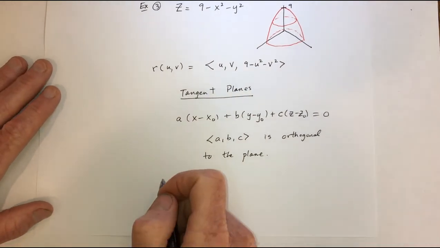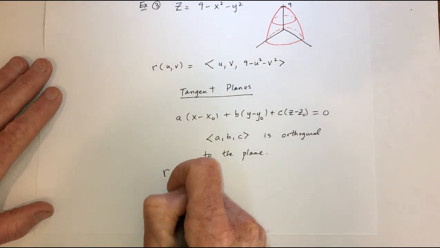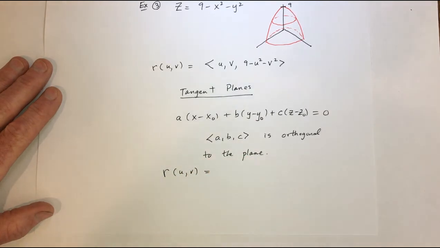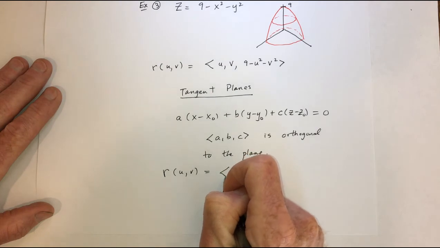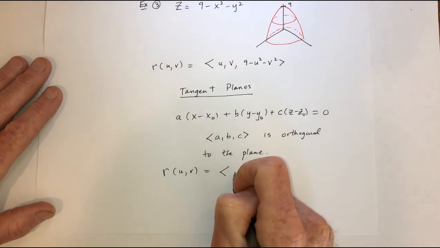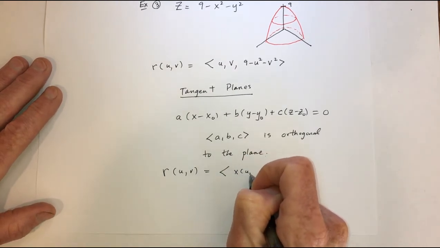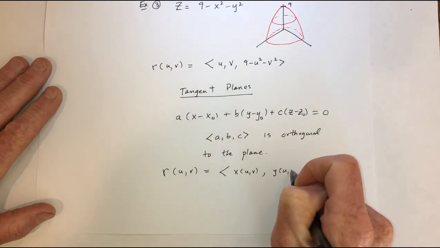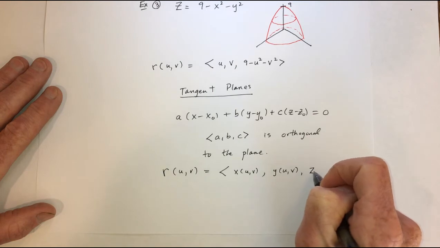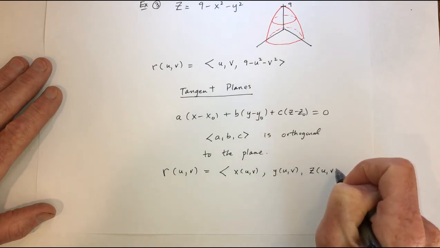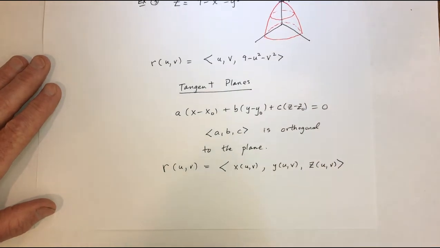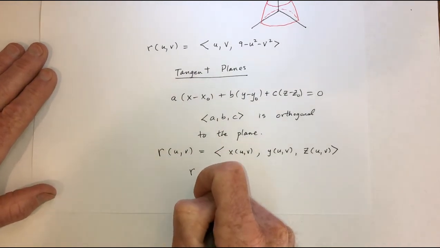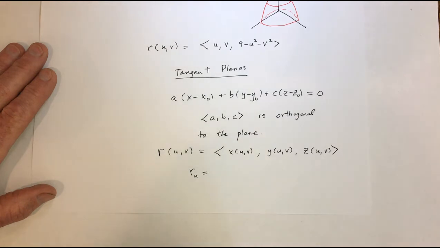Well, if you have a function r and it's been parameterized with u and v, then you would have the x part, which is a function of u and v. You'd have the y part, which is a function of u and v. And you'd have the z part, which is a function of u and v. So if you take the derivative, there's actually two derivatives to consider.